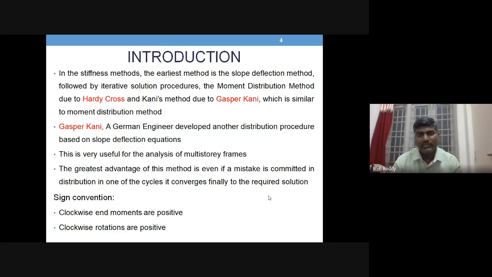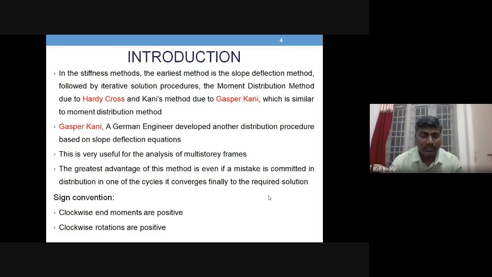So let us see what exactly Kani's method is, how it is developed, and how it is going to help us beyond the Hardy-Cross method or moment distribution method. Under the bunch of displacement methods, the earliest method is the slope deflection method, which was dealt with in Structural Analysis 1 in your previous semester of your JNTUK syllabus.